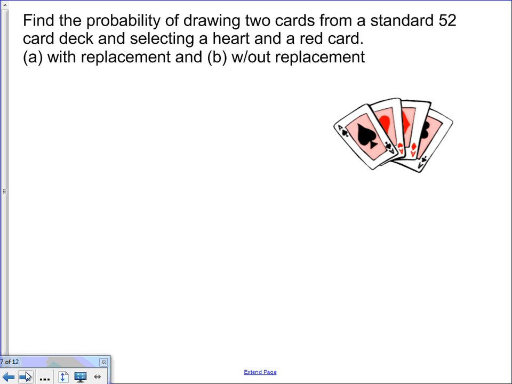Anybody have any questions about the deck? How many of the cards are hearts? 13. How many of the cards are red? 26. That will help you answer some of your probabilities.